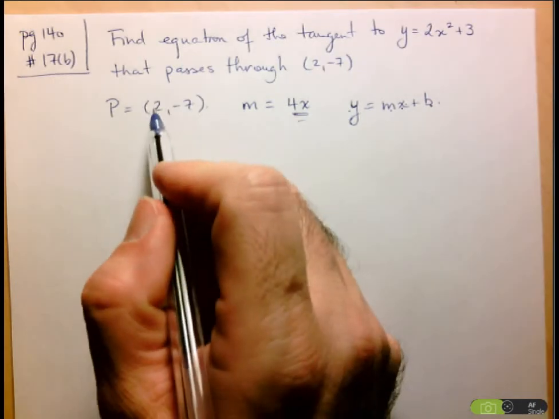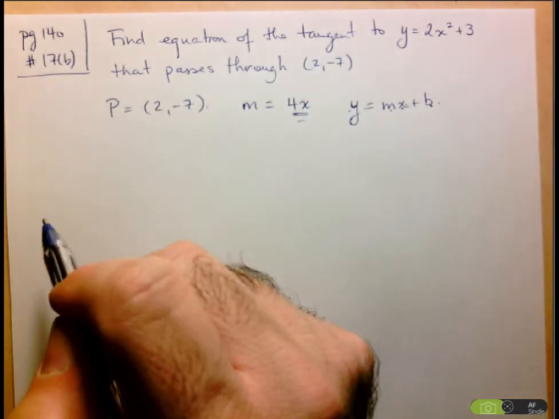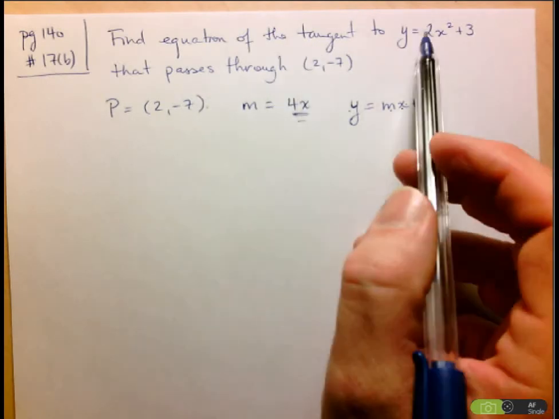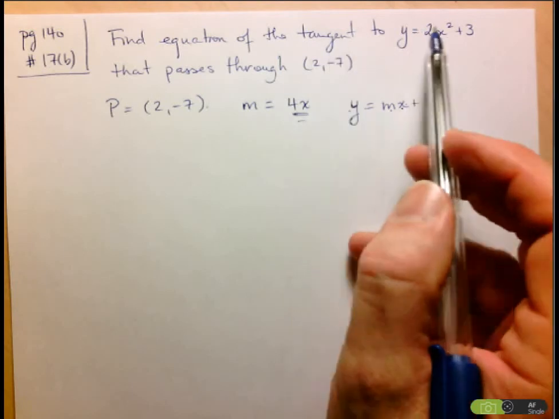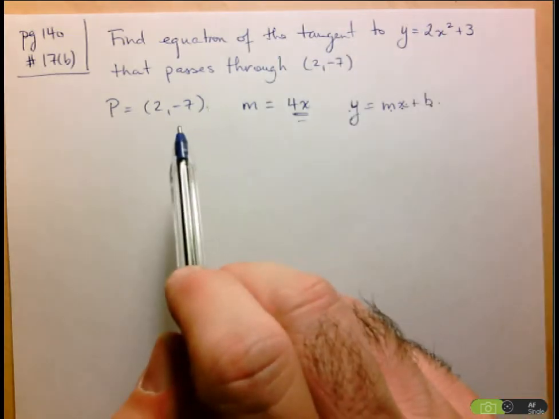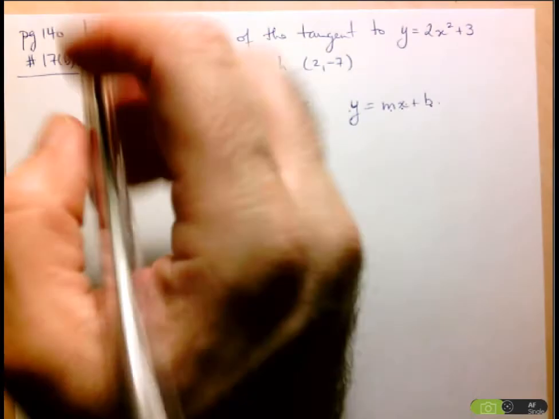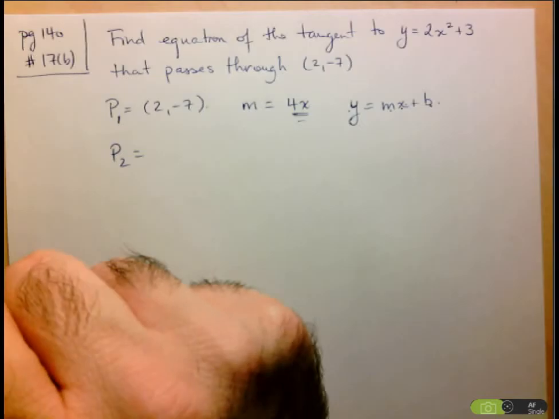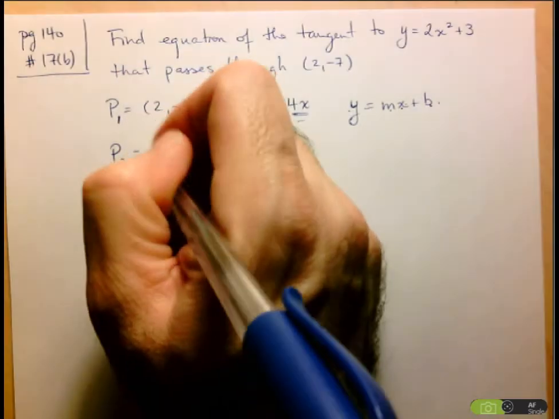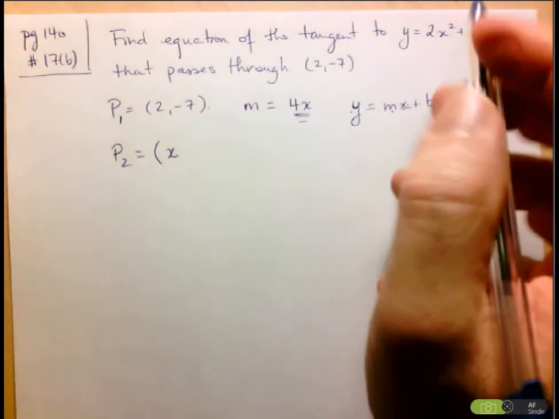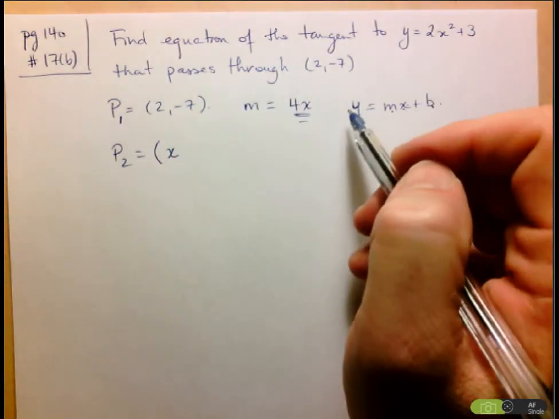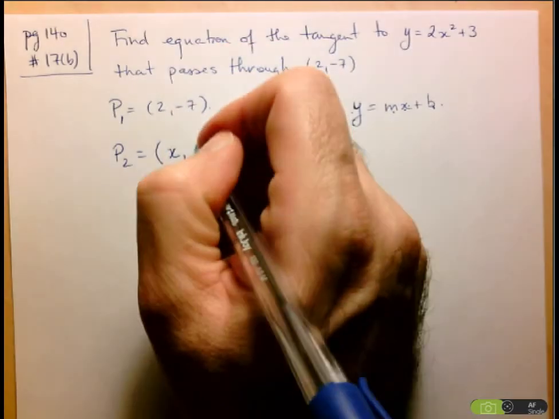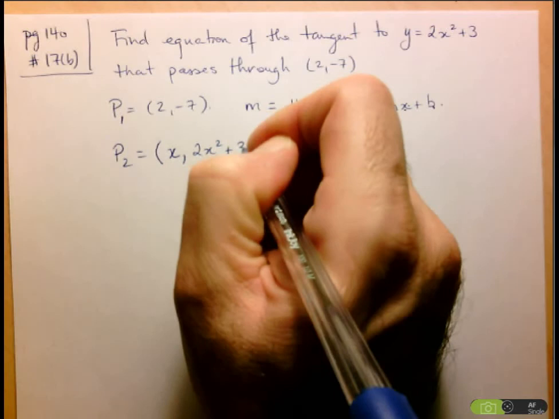We know that 2, negative 7 is on this line, on the tangent, but since it's tangent to this curve, we know the tangent line has to touch that curve at a particular point. So we'll call this point 1. The second point that's also on this tangent line is whatever x value it touches the curve at, and of course its y value, but its y value is just given by 2x squared plus 3.